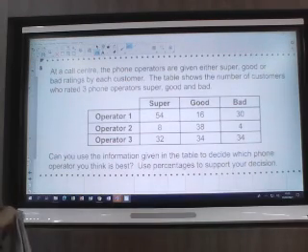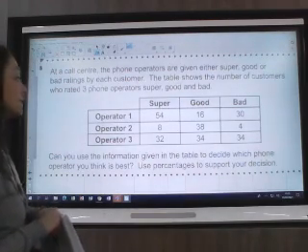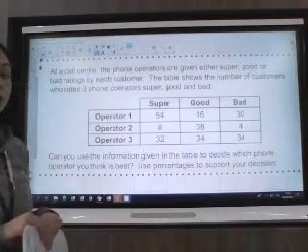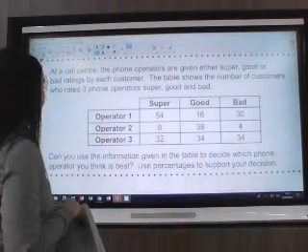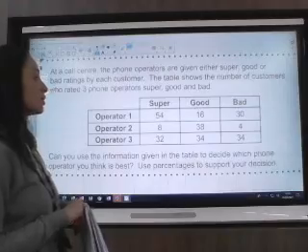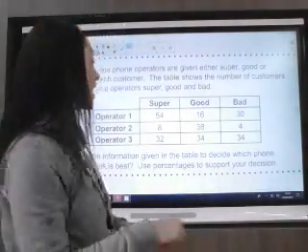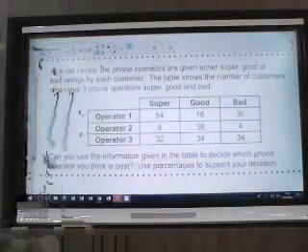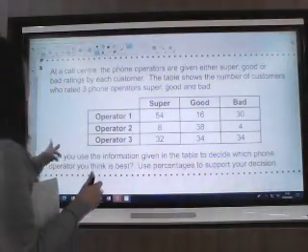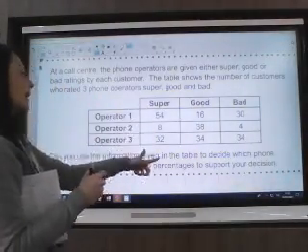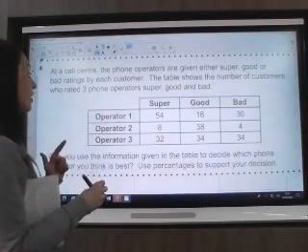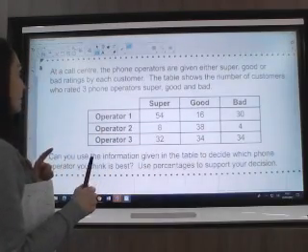Can you use the information given in the table to decide which phone operator you think is best? Use percentages to support your decision. Quite a challenge there. So let's have a think then.